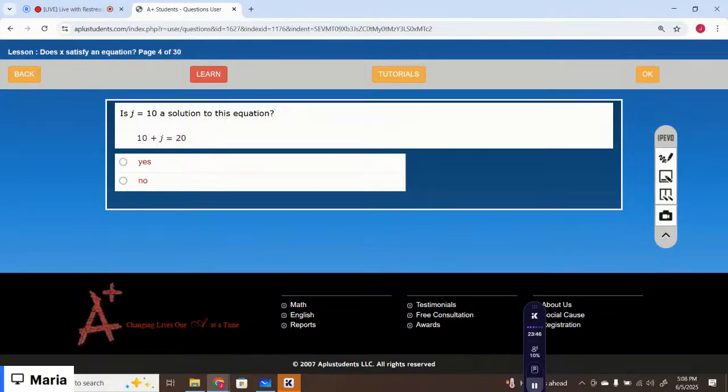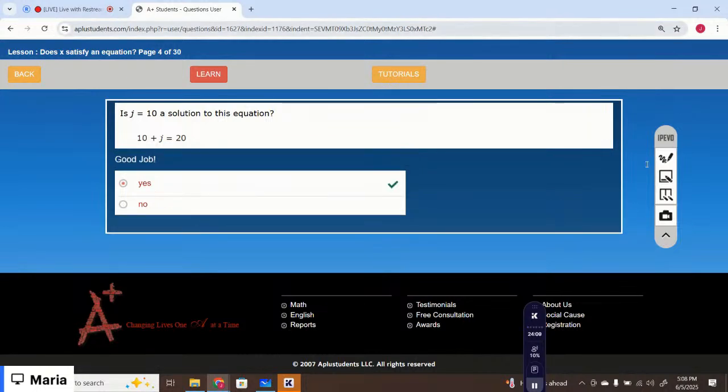Is g equals 10 a solution to the equation? Which is the correct option? Yes, g equals 10 is the solution of the equation. So option number one is the correct option.